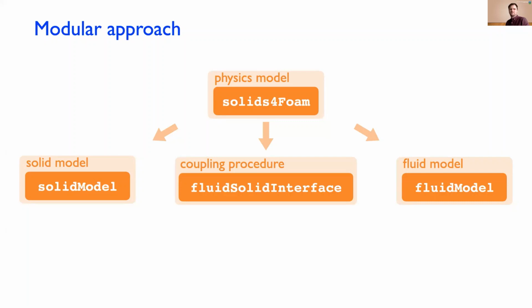Then you can have just one solver, in this case Solids4foam, and depending on your runtime settings in your case, you can decide whether you want to call icoFoam or icoFluid or pisoFoam or simpleFoam or rhoCentralFoam or whatever. In the same way with the solid, there are many different types of solid solvers, and you can decide which one to pick. Also for the coupling between them, you can pick some runtime selectable coupling procedure.